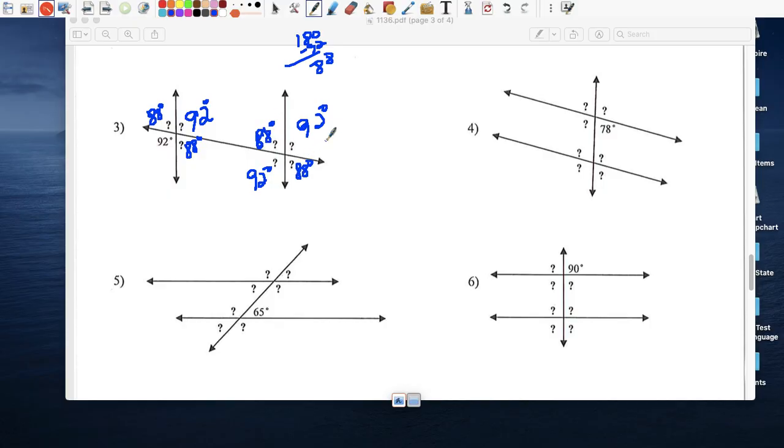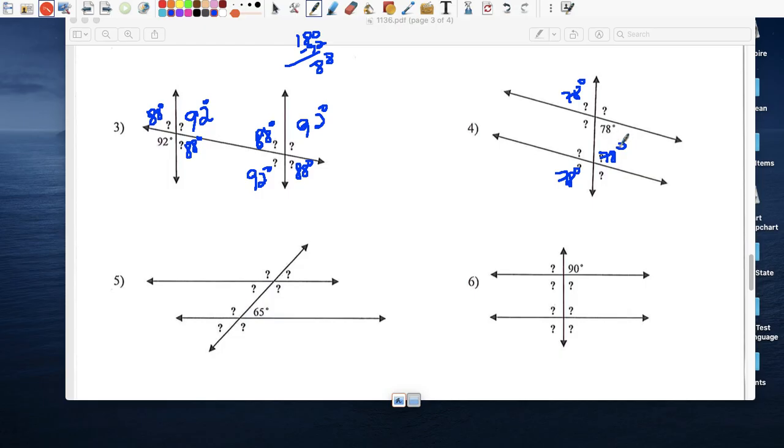Same exact numbers. Four angles are the same, and the other four angles are the same. Here, that's 78, guess what? The one across from it is 78, which makes the corresponding angles at the bottom also 78. So how do we find the missing angle? Well, it's going to be the supplement, right?